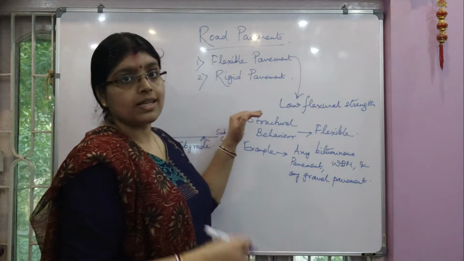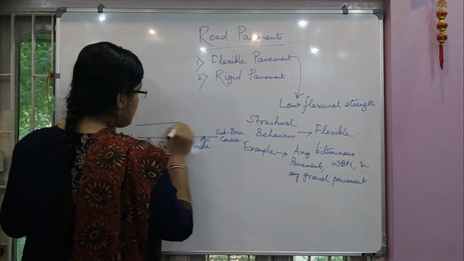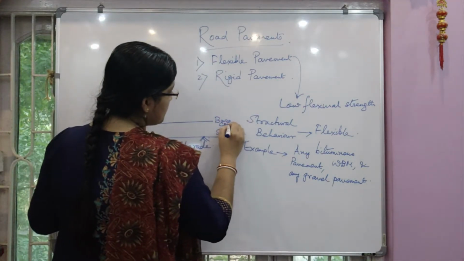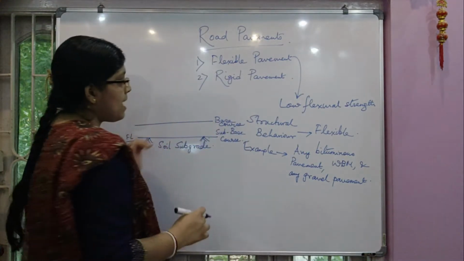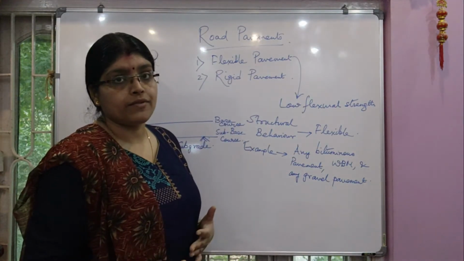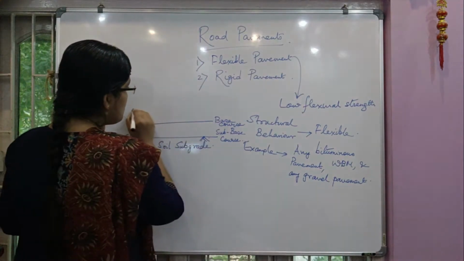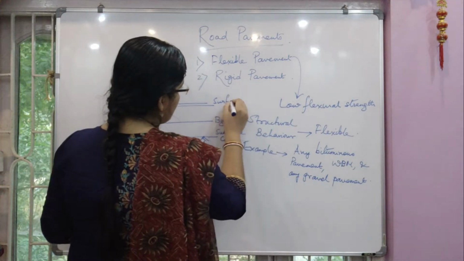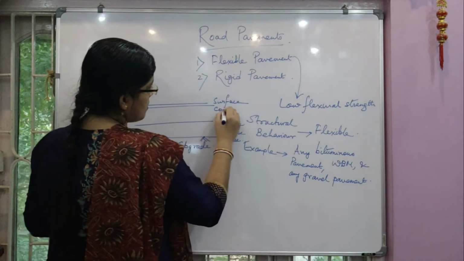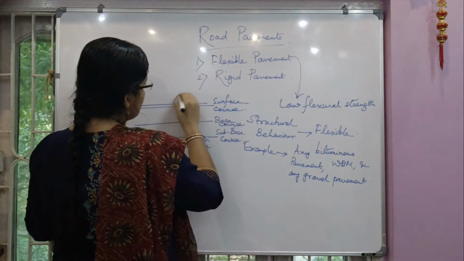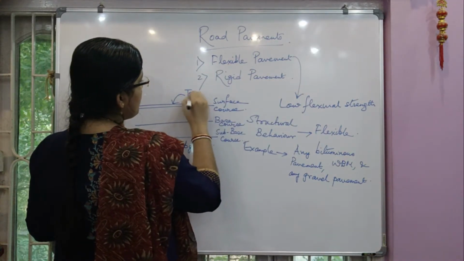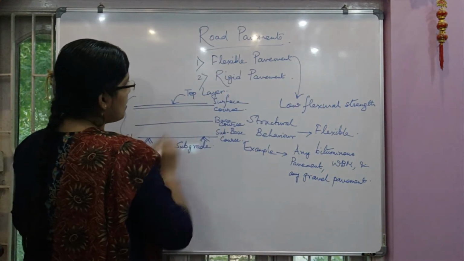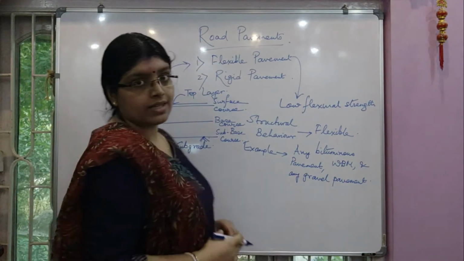Above this sub-base course is the base course of the flexible pavement. Above the base course will be the top surface or the surface layer. So this is the surface course. That means this is the top layer of the flexible pavement. So this is basically the structure of a flexible pavement.